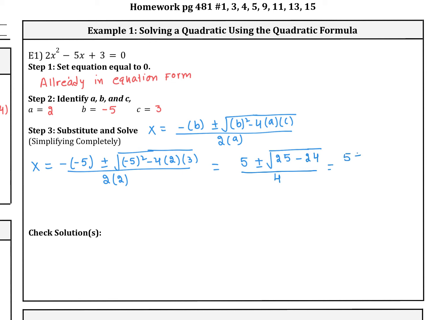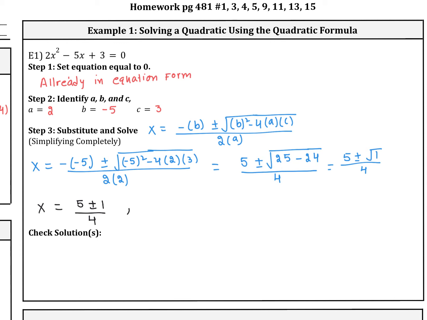So this is going to be 5 plus or minus the square root of 1, divided by 4. Now, what is the square root of 1? You know that the square root of 1 is 1. So after this step, I'm going to do the solution part: 5 plus or minus 1 divided by 4.